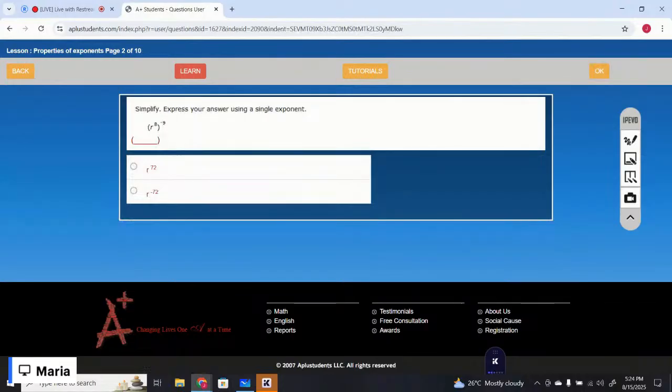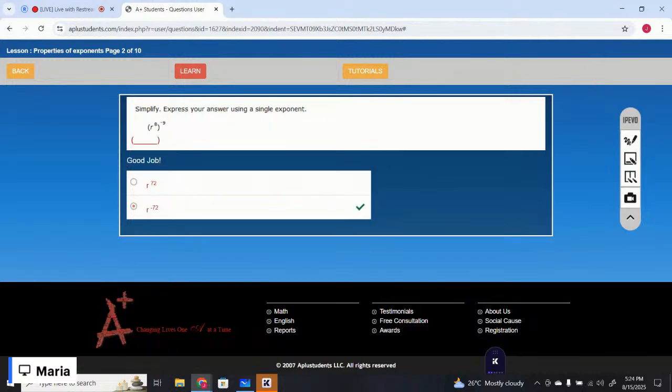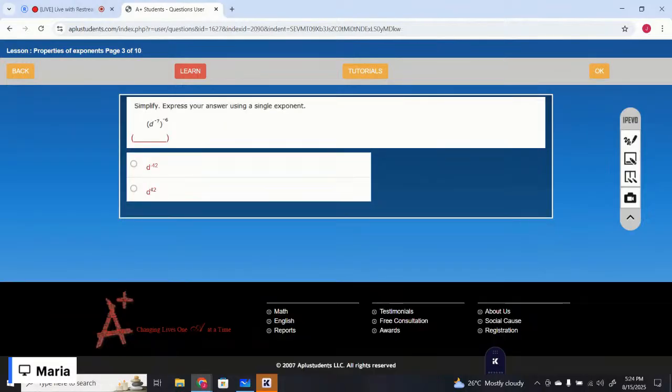Simplify r exponent 8 times negative 9. That would be r exponent negative 72, because 9 times 8 is 72. Simplify d exponent negative 7 times negative 6.